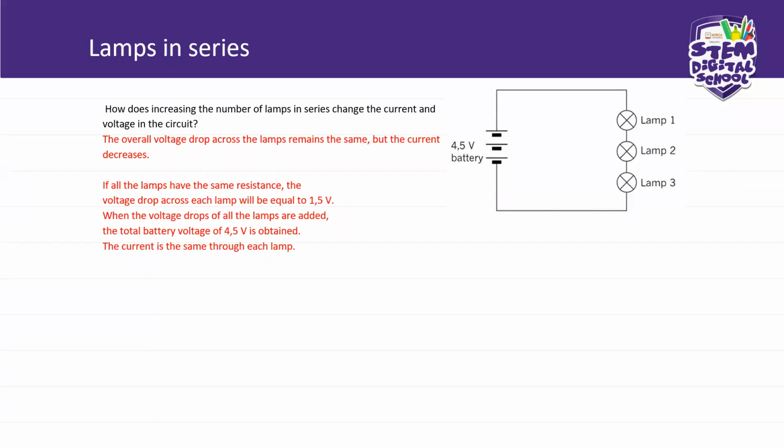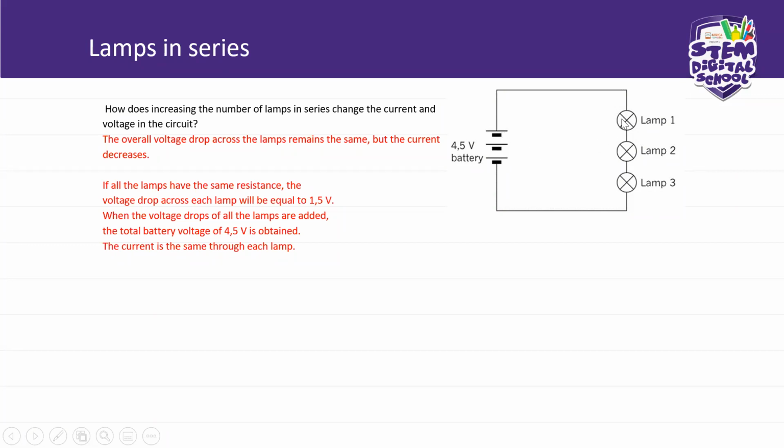Okay, the current is the same throughout each lamp, if the value of these lamps is the same. You know that lamps have different values. So if these lamps have the same value, the same capacity, they will equally share the 4.5 volts. 4.5 volts is three cells.